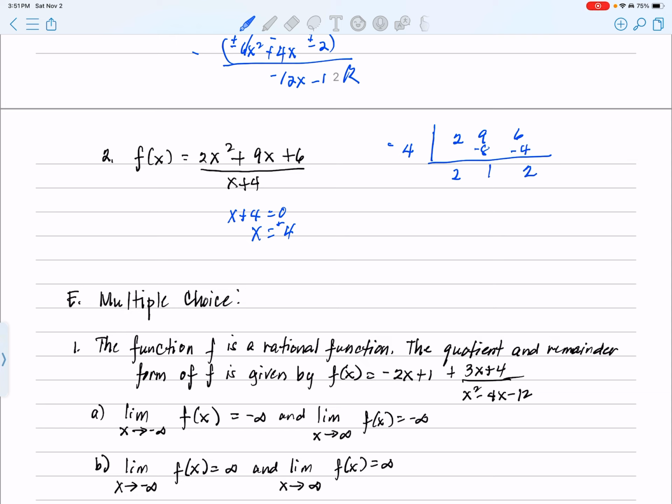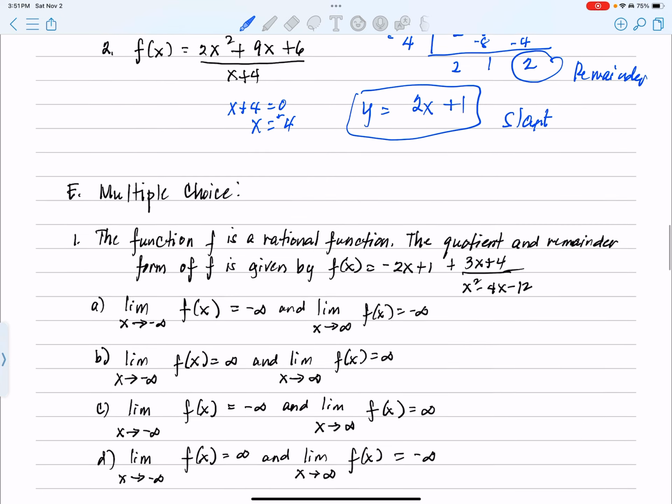So one degree lower, that would be 2x plus 1. Regardless of this last number, because that's the remainder. In slants, we don't need the remainder. This is the equation for the slant.